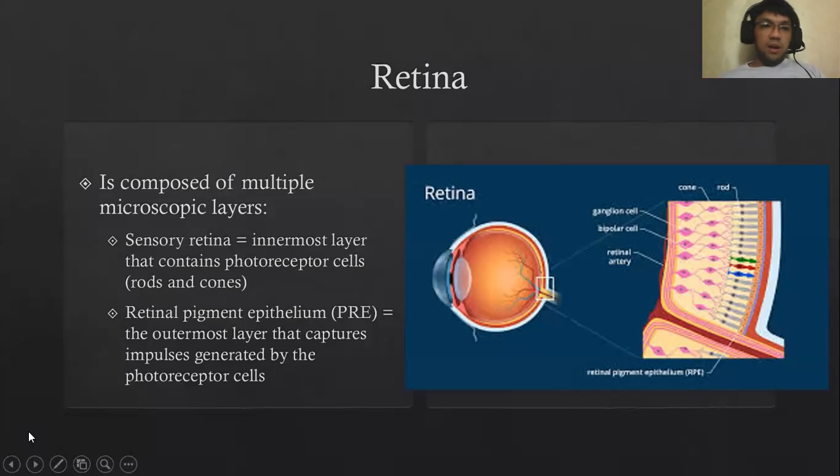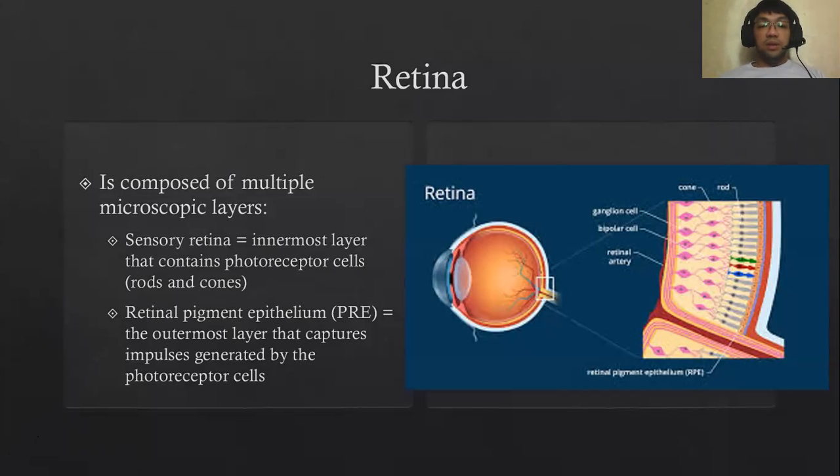But before that, the retina is composed of multiple microscopic layers. So we have the sensory retina, which is the innermost layer that contains the photoreceptor cells, the rods and cones, and the retinal pigment epithelium, the RPE, which is the outermost layer that captures impulses generated by the photoreceptor cells.